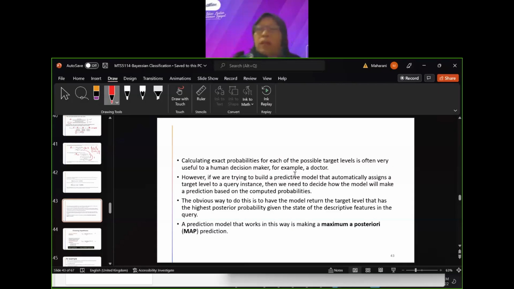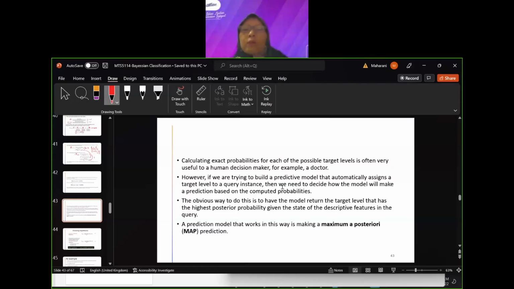Because not only guessing, but by having the data set we can compute exact values of the probability of a patient getting a certain disease, and that is very useful to the doctor.